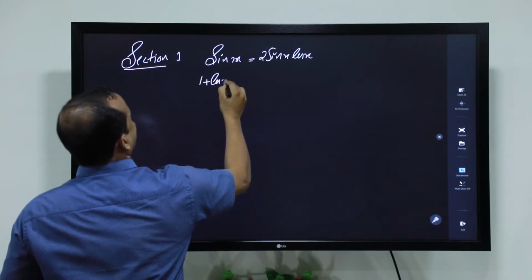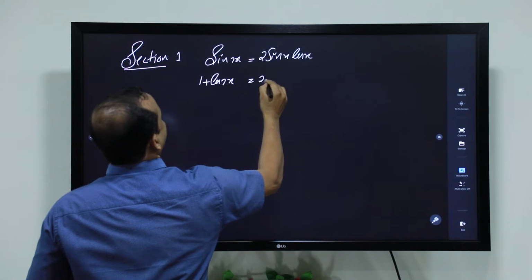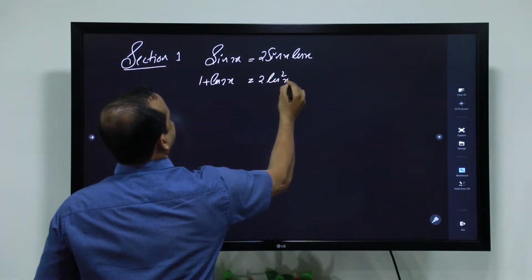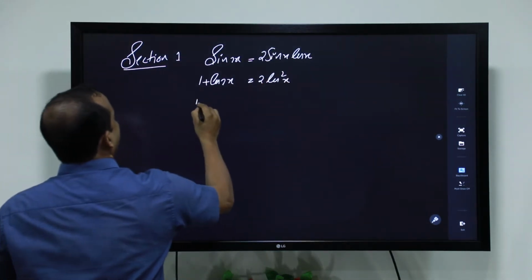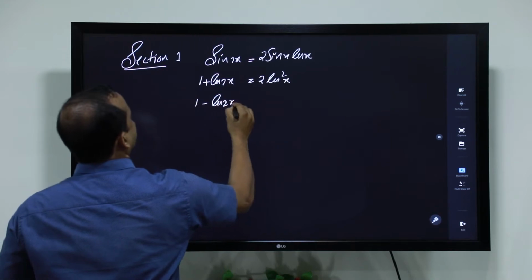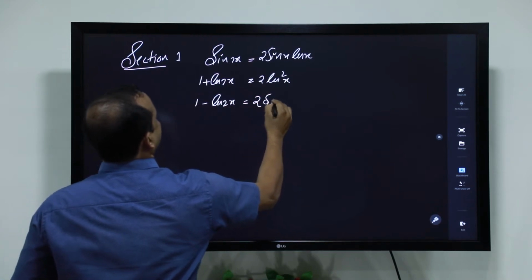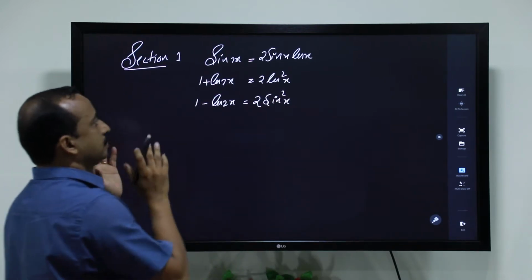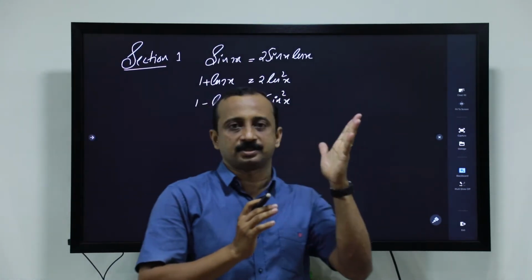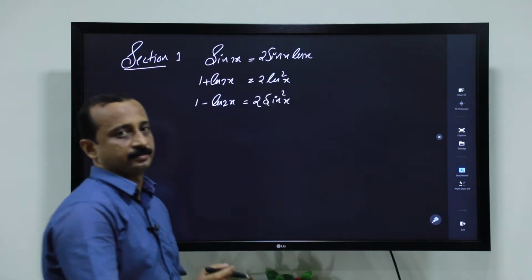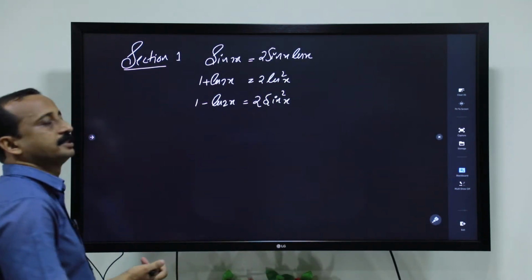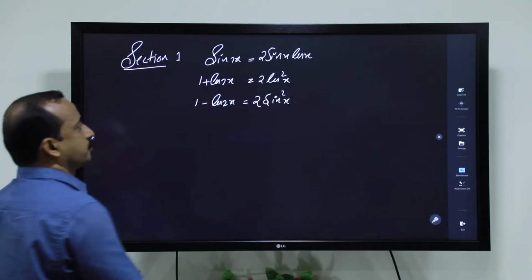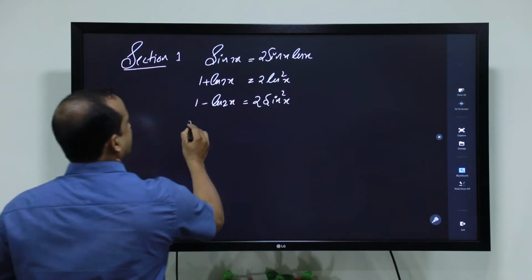Then 1 plus cos 2x is equal to 2 cos square x, and 1 minus cos 2x is equal to 2 sine square x. These are already learned in our first year class, on trigonometry.